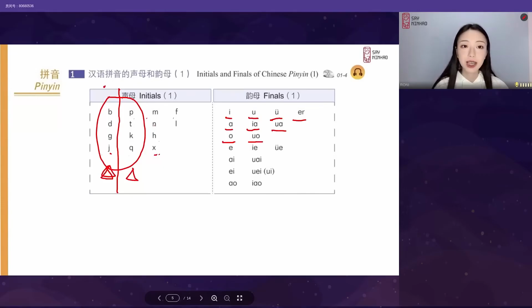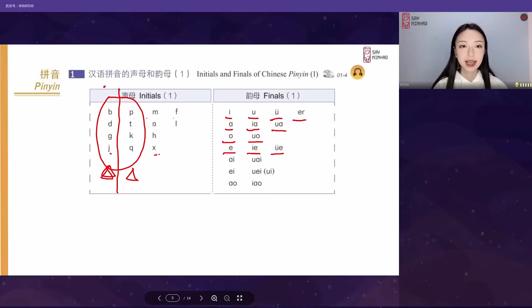Next, wo. These two are the same, okay? Wo. Next one, ye.